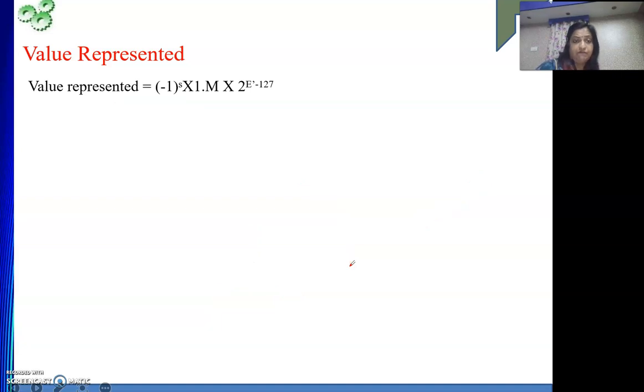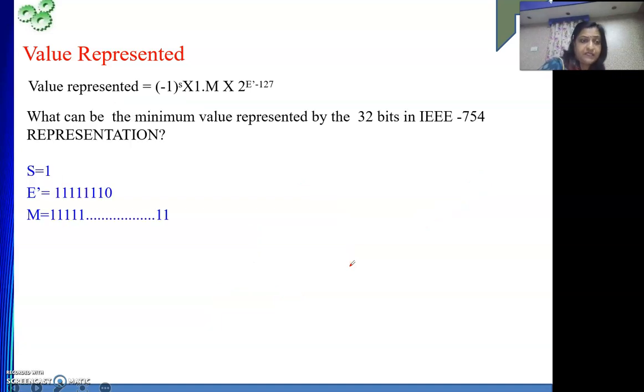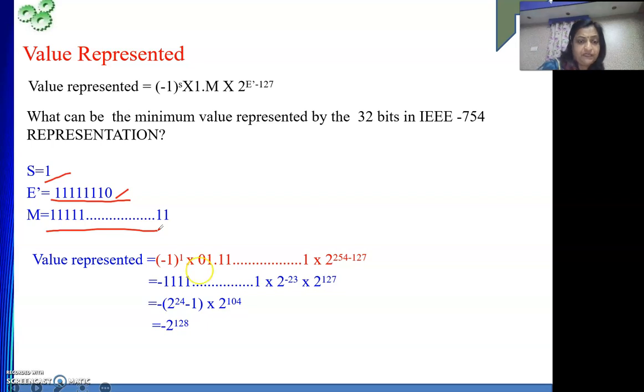So the minimum value will be, this S will be 1, and all these bits will be 1, because it is negative. That means whatever magnitude is the maximum, that is going to represent the minimum value, right? So the value will be this only.